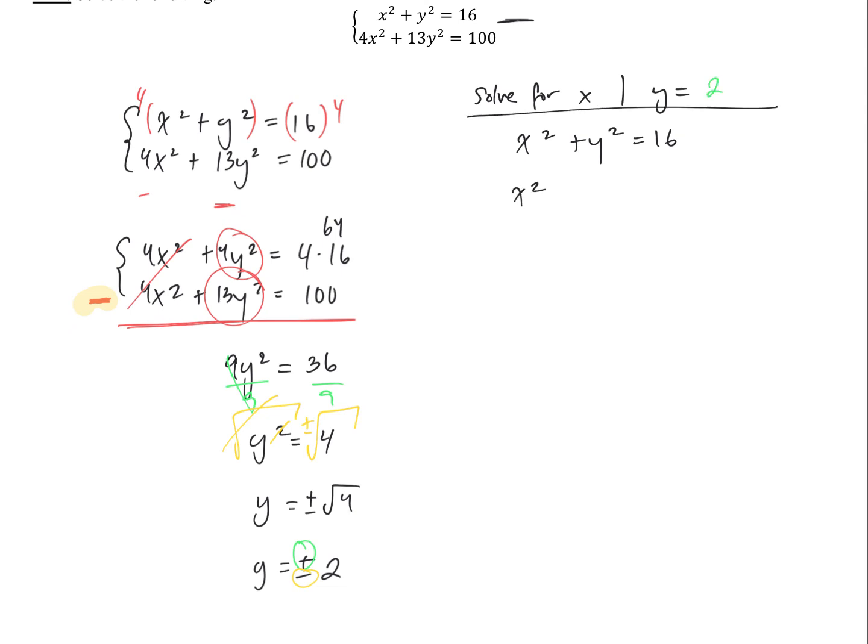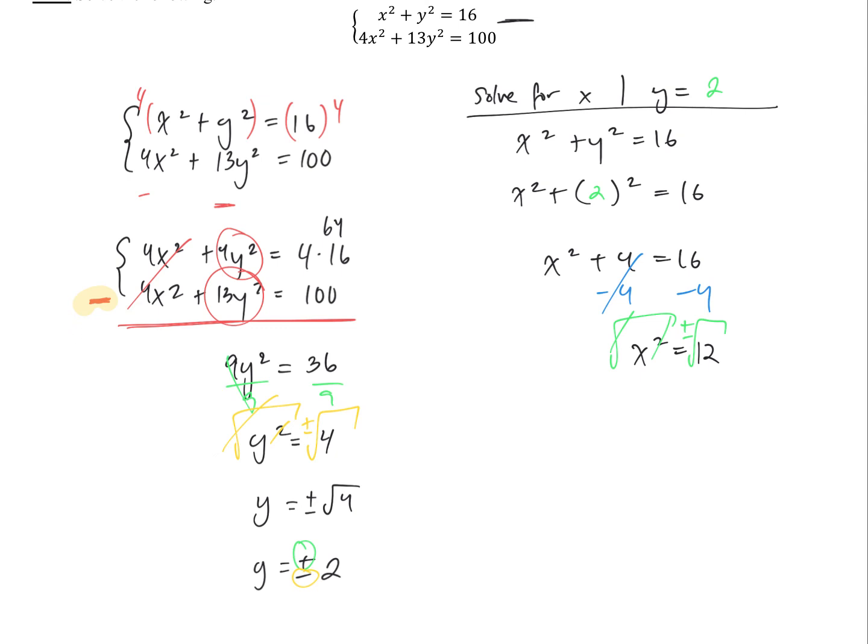Okay, so x squared plus, we're substituting positive 2 for y. And so x squared plus 4 equals 16. Minus 4 from both sides. X squared is going to equal 12. Square root both sides, so this is not as pretty. Oh, remember that plus or minus, very important.